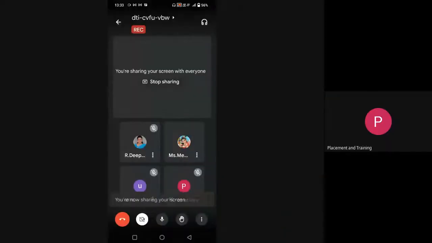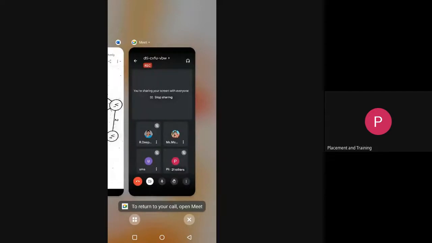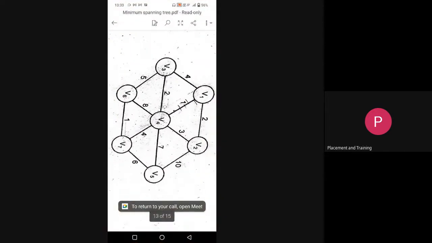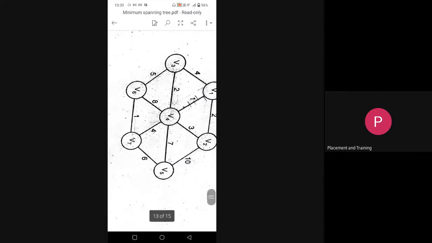So, as I was just telling, we can take either V1 to V4 or V6 to V7. Now I have to start connecting the vertices.